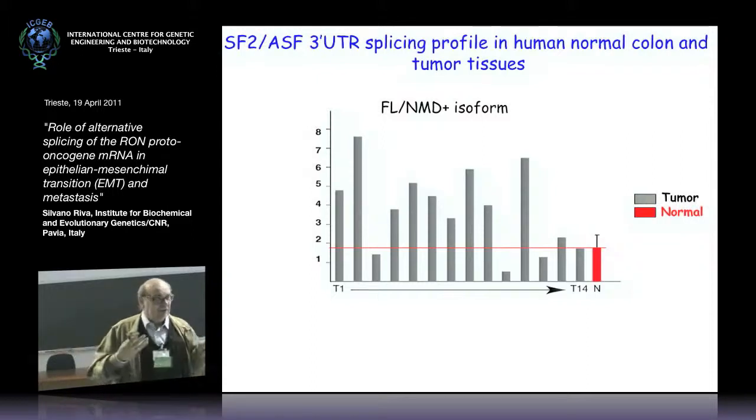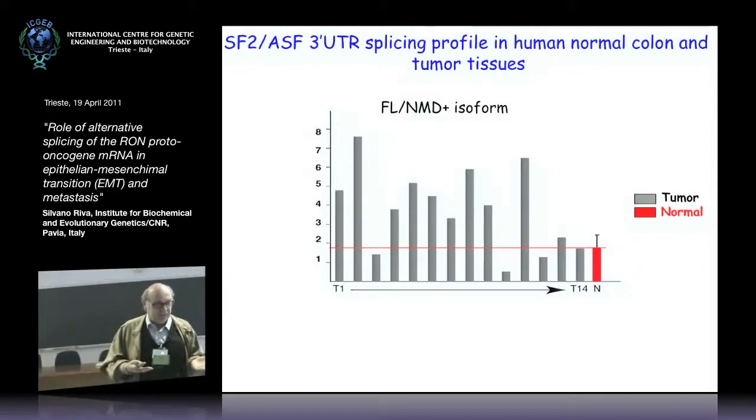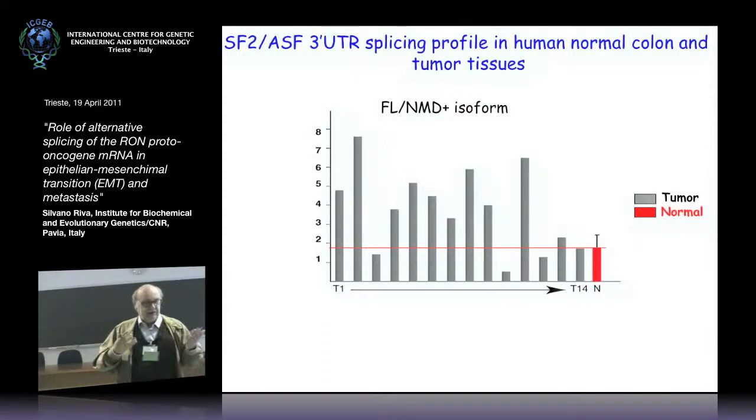So SF2 is also an oncogene. When it is overexpressed, it causes tumors or metastasizing tumor.